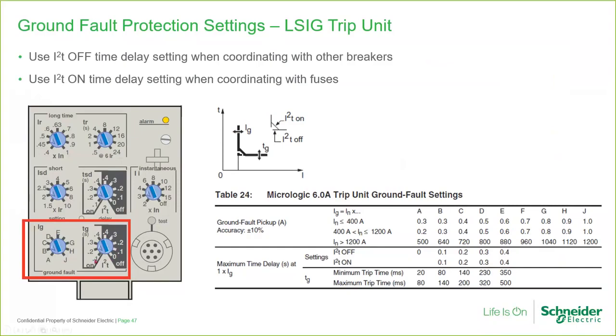So there's two sets of curves here, I squared T off in the black and I squared T on in the white.